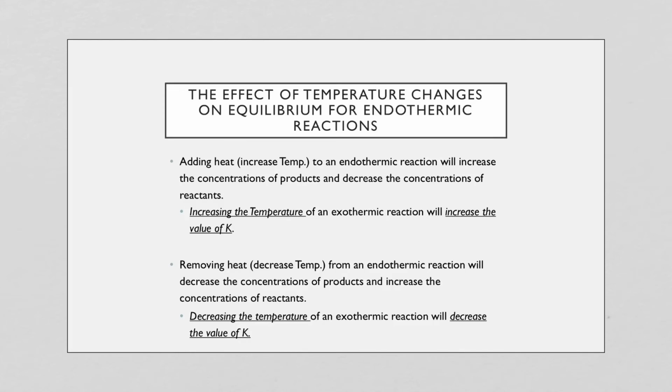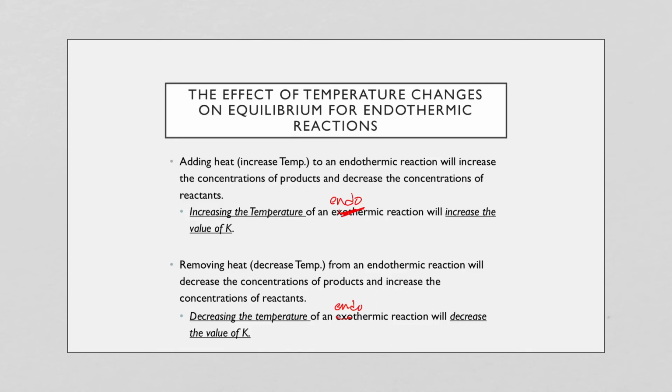Increasing the temperature of an endothermic reaction will favor products and increase the value of K. Decreasing the temperature of an endothermic reaction will decrease the value of K because it'll push toward the reactants. So this sums up the effect of temperature.